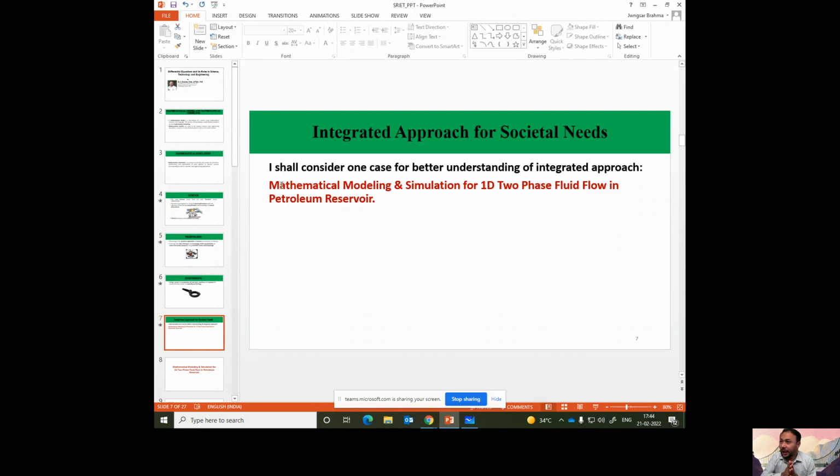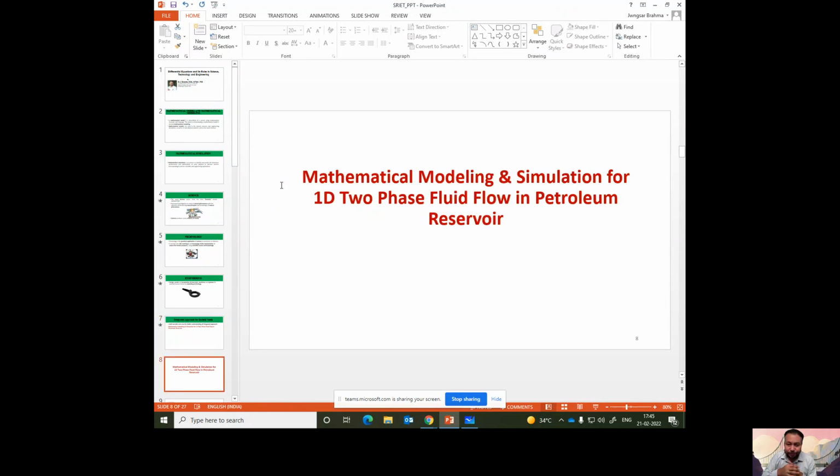Two-phase means we are taking oil and water. Three-phase means oil, water, and gas, right? Now come to mathematical modeling and simulation for one-dimensional, two-phase fluid flow in a reservoir system or petroleum reservoir.